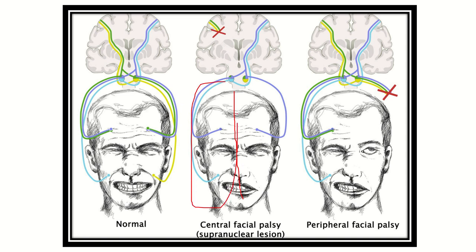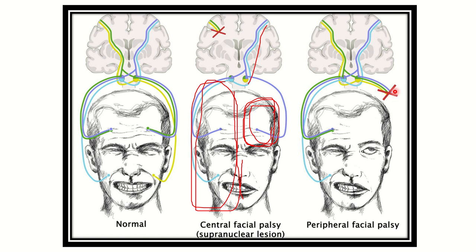Half of the whole face is supplied by the facial nerve, and the upper part of the face is also supplied by the facial nerve. Though the one-sided upper motor neuron lesion occurs, there is supply present on both sides of the upper half of the face.